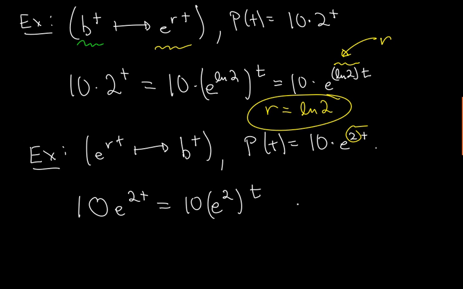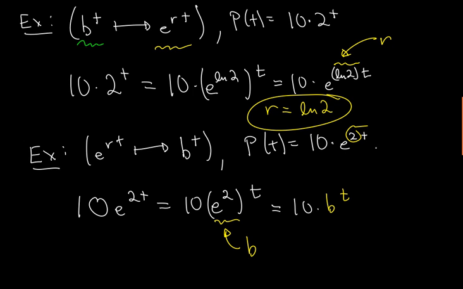That's just a simple exponents rule: if you raise something with an exponent to another exponent, the exponents multiply. That's the only rule I've used there. So that's equal to 10 times whatever e squared is. That's going to be our base, so it's equal to 10 times b to the t, where b is the number e squared.